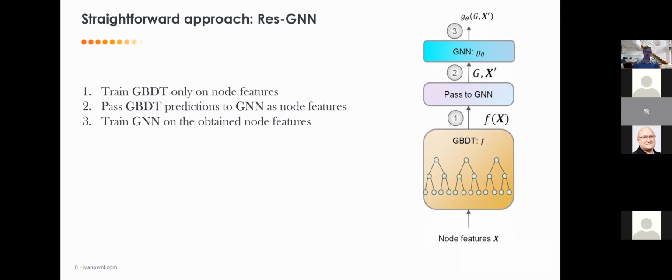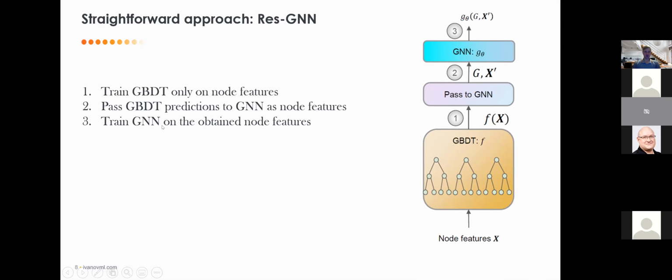But first, I will talk about one of the most straightforward approaches to this problem. So you could first pre-train a GBDT model only on the node features X. You get some model F, which would improve the node features for GNN. So for example, you can use these predictions f of X as the new node features for every node.